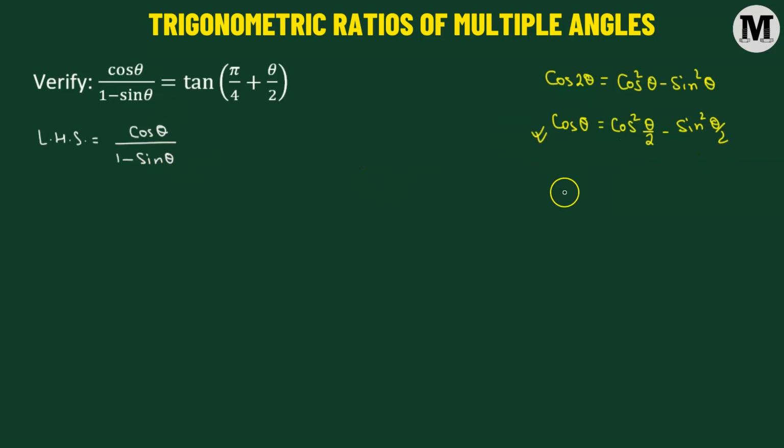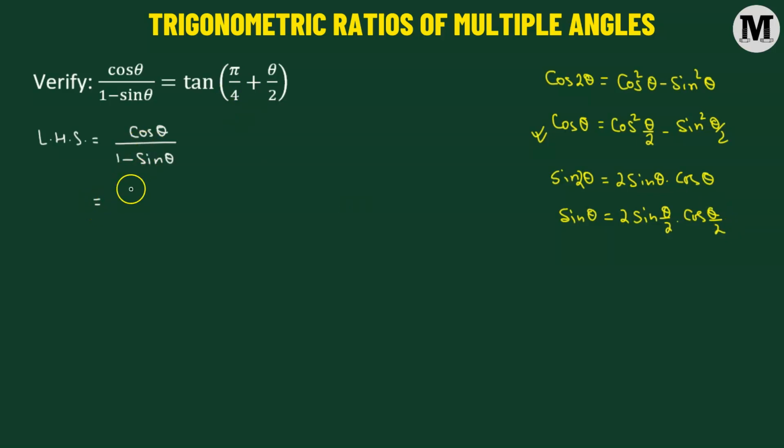Then coming to the denominator portion, we have sine theta. Now we know sine 2 theta is 2 times sine theta times cosine theta, which means that sine theta will be equivalent to 2 times sine theta over 2 multiplied by cosine of theta over 2. We're going to substitute these values.